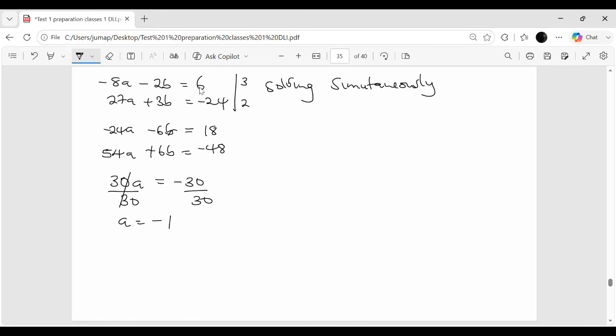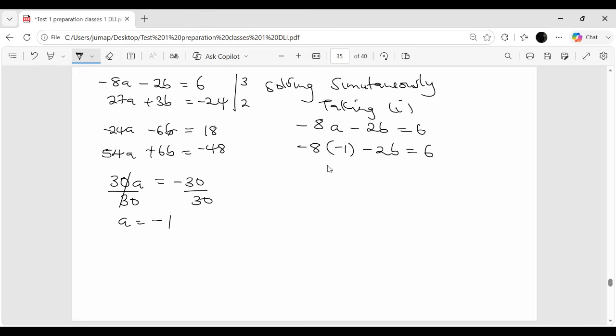Then now getting one of these equations, which is negative 8a. So taking equation I, negative 8a minus 2b is equals to 6. Then replacing it with the a, since you've calculated a, it's going to be negative 8 times negative 1 minus 2b is equals to 6.